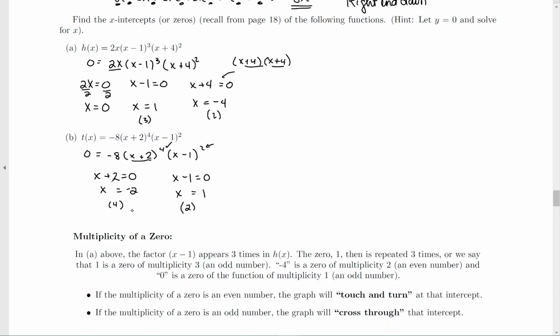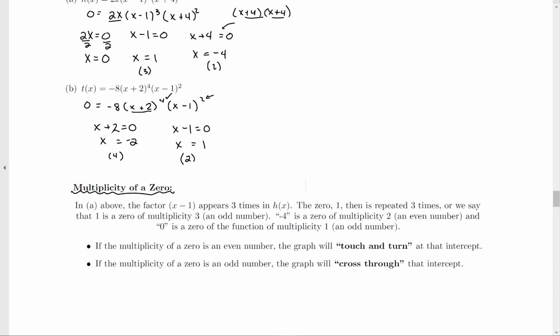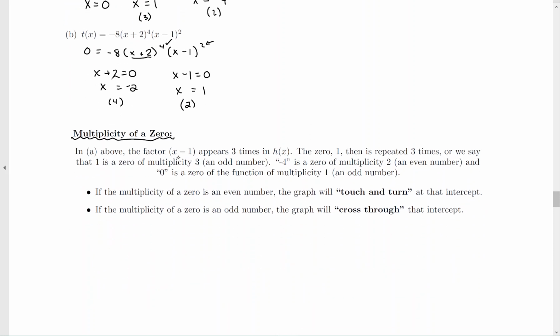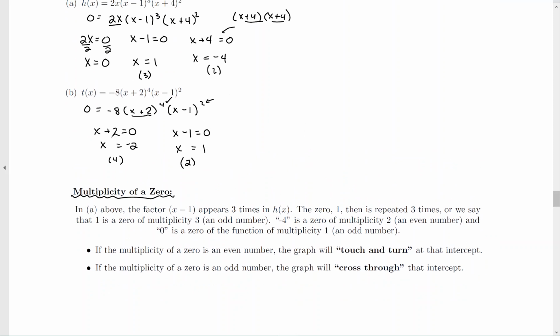And that showing up 4 times or showing up 2 times, that's called the multiplicity of the 0. In A, the factor x minus 1 up here showed up 3 times in h of x. The 0, 1, then is repeated 3 times, or we say that 1 is a 0 of multiplicity 3, an odd number. -4, coming right back up here to our letter A answer, x equals -4, is a 0 of multiplicity 2.